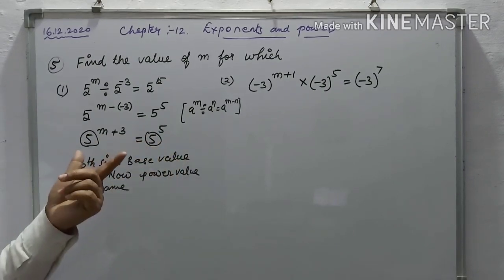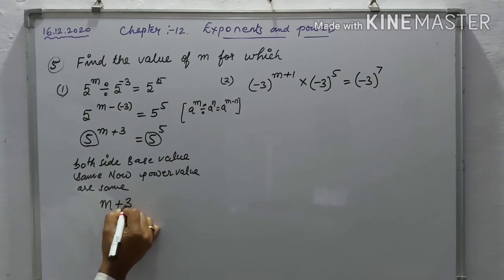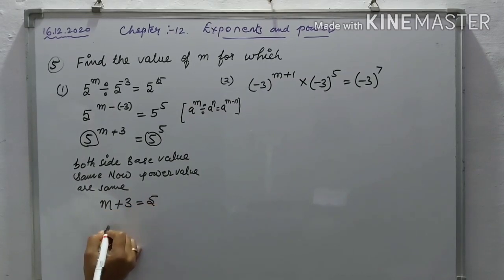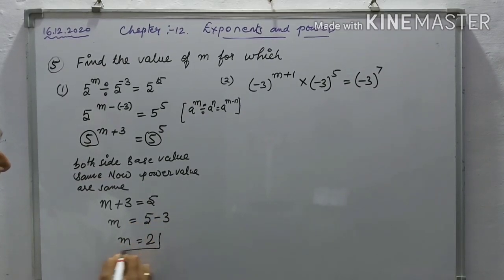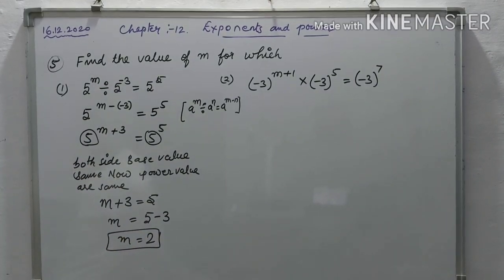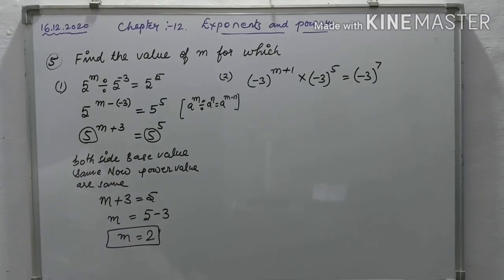Okay, then we compare the powers. So that will be m plus 3 is equal to 5, so m is equal to 5 minus 3, that is, after subtraction, the value of m is 2. Okay, here the bases are the same. Okay, now the second part is the minus 3.